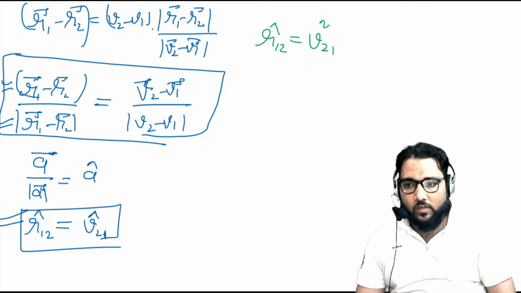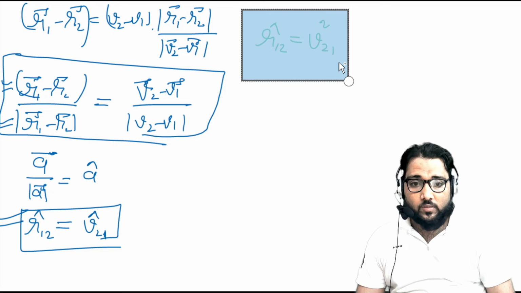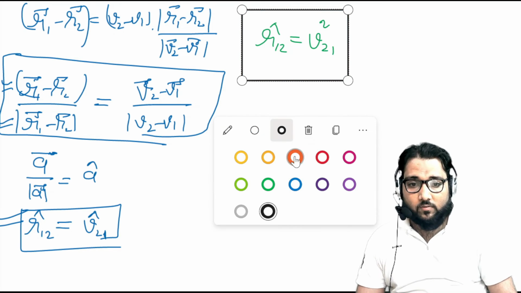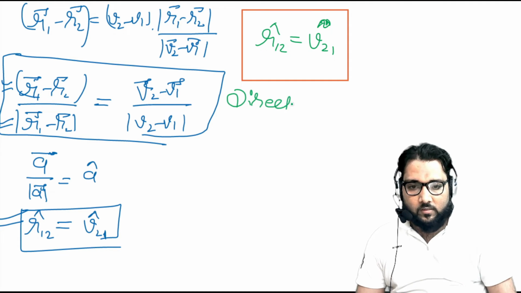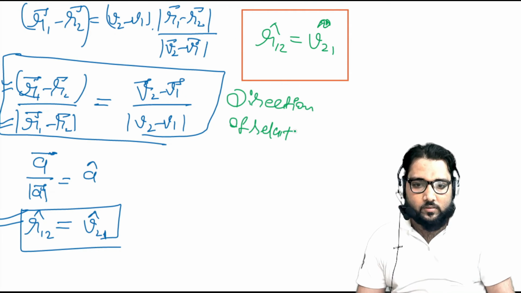What is the significance of this result? It means the direction of relative velocity, guys, what is the direction of relative velocity?